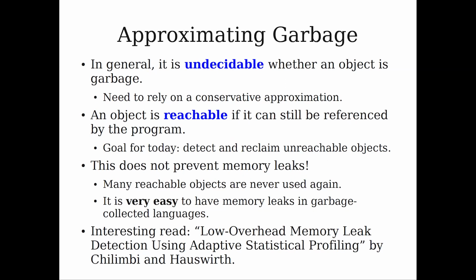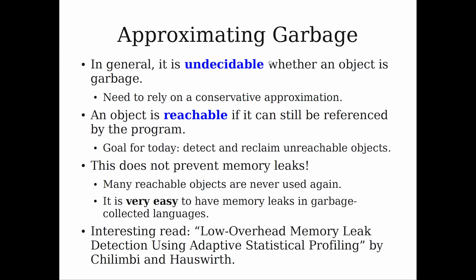Many things about pointers themselves are undecidable. Any non-trivial property of a program in a complex programming language is more or less going to be undecidable unless you put a lot of restrictions. So we have to rely on conservative approximation.